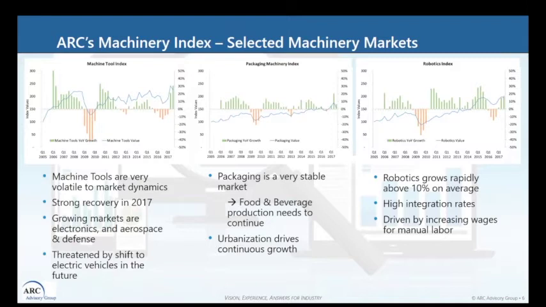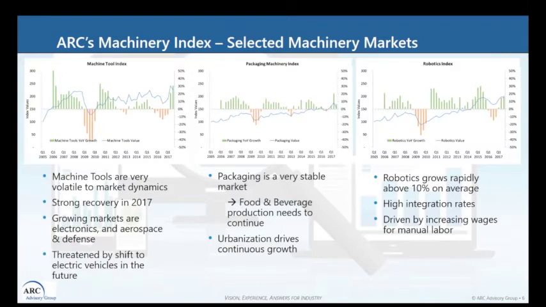When we switch over to the packaging machinery market, we see a constant slow increase of the index, which really represents the characteristics of this specific machinery market, because the main end user industry where packaging machinery is going to is the food and beverage industry.